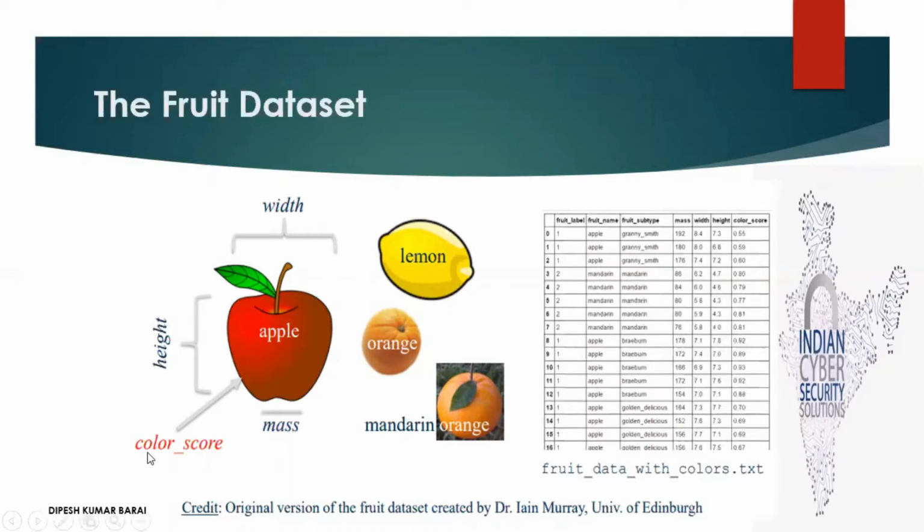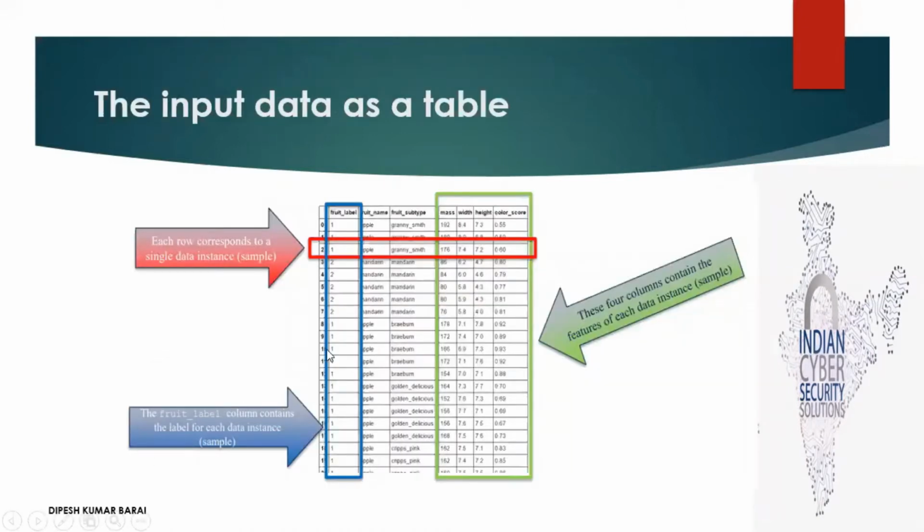Here I have taken the data, each row of the corresponding data set. The fruit label apple we assign as 1, the mandarin as 2, and so on for the other values. Each row is a single data instance.